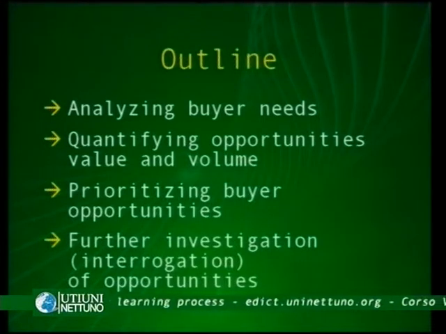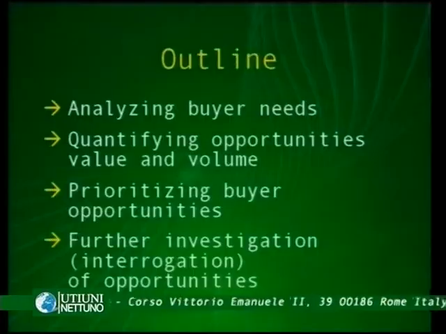The fourth point of the outline, what we're going to discuss, is the further investigation, interrogation of opportunities. Now, if we prioritize buyer opportunities, there is a next step. We have to investigate further because there may be things that we miss as we prioritize the opportunities.